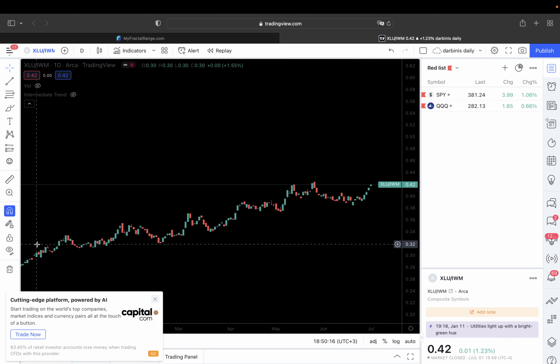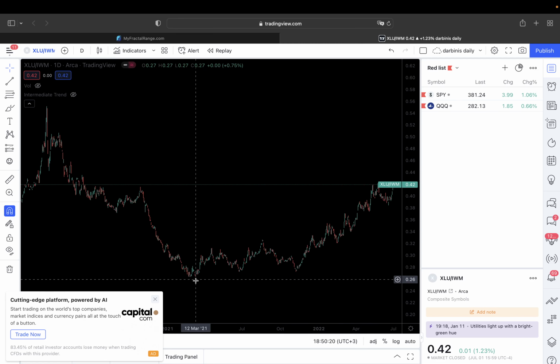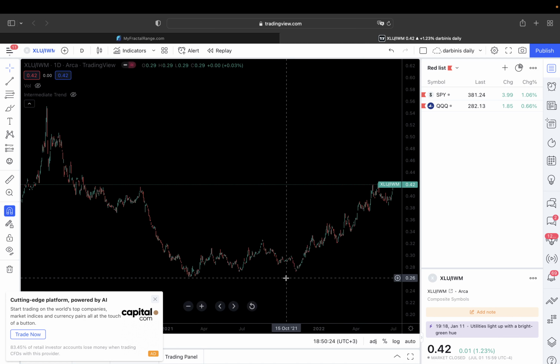And if we zoom out, November 2021 was the first sign of the bear market, and I was not the first one to spot it, but the first sign in small caps happened in November 2021.